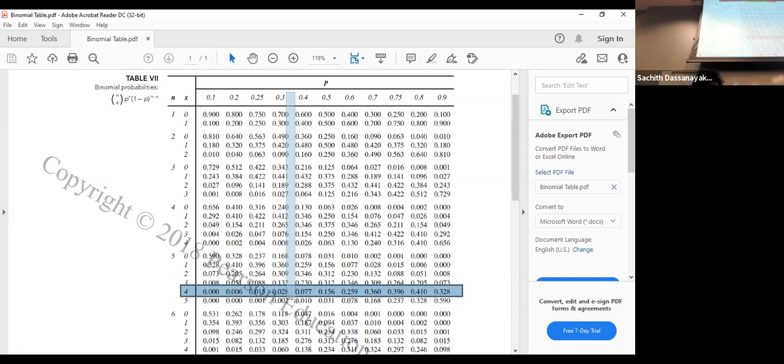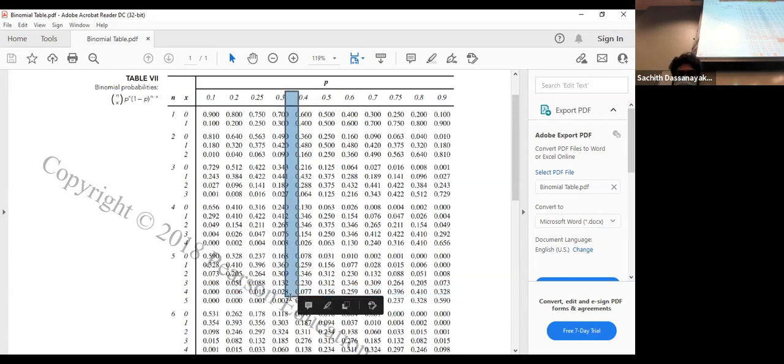Using this table, you cannot find the exact value because your p value is not here. So your value is definitely greater than 0.028, but less than 0.077. However, the exact value is 0.04. So you can simply approximate that the value is somewhere in between these two.